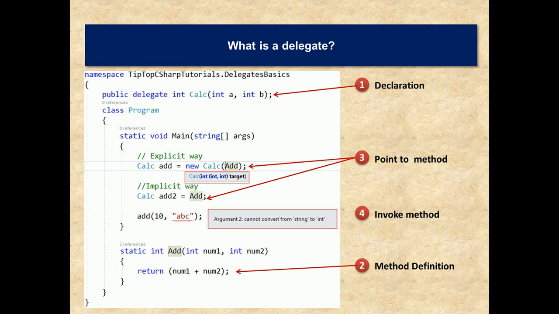As I said earlier, it is validating the type of parameter. So there is an error from the compiler saying that it cannot convert from string to int. The delegate is expecting the second parameter as an integer, but we are supplying a string while invoking it. That's not permitted, and you will get a compiler error. That is the whole purpose of a delegate.